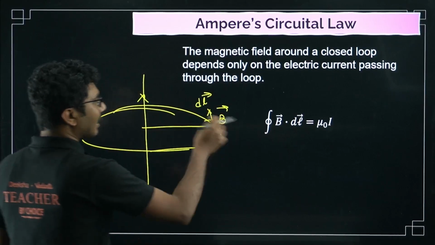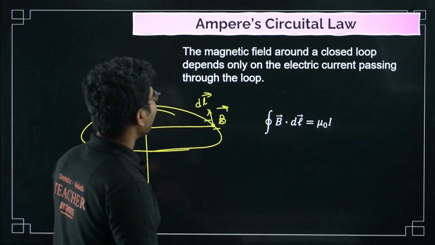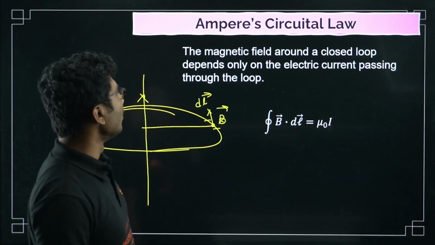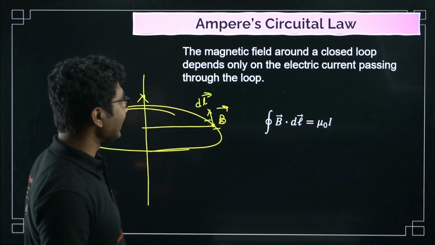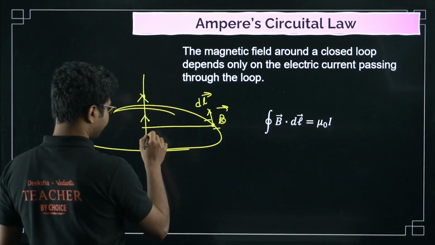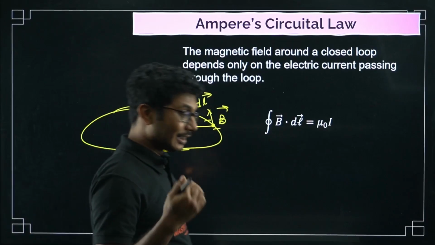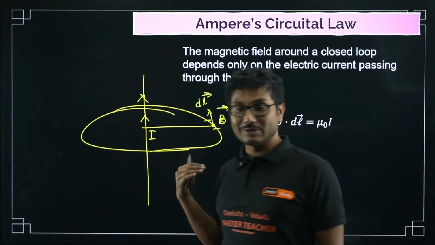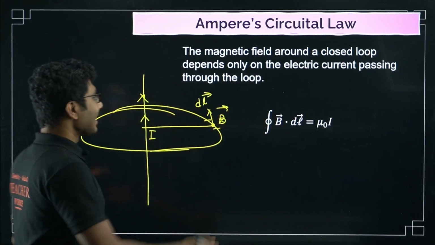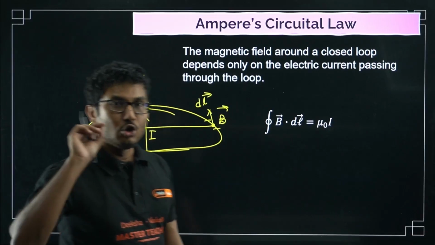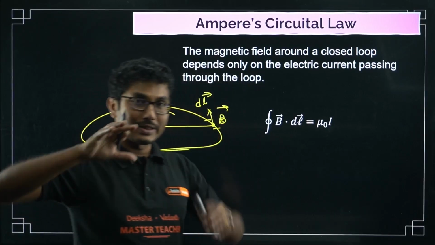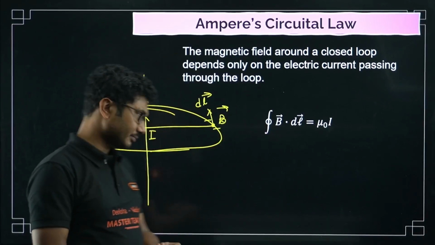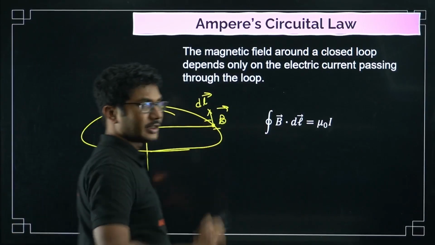The magnetic field around a closed loop depends only on the electric current passing through the loop. In other words, if you remember Gauss's law, there we had the charge enclosed by the surface; here it is the current enclosed by a loop. In that case it was a three-dimensional surface; in this case it is a two-dimensional loop.